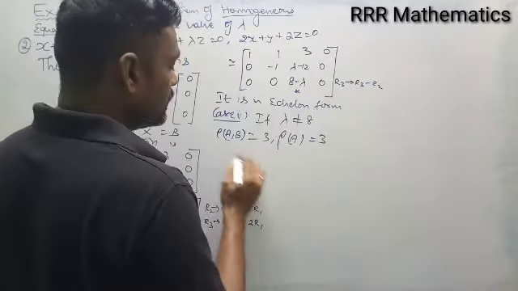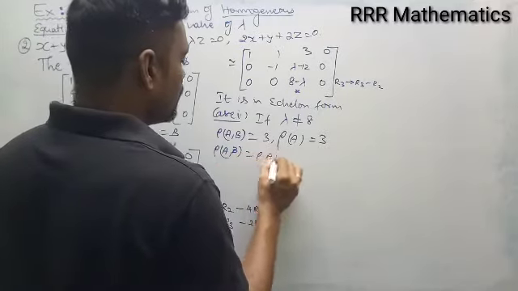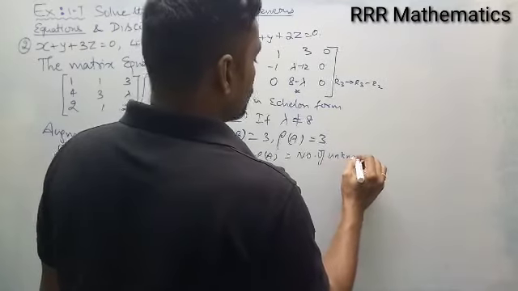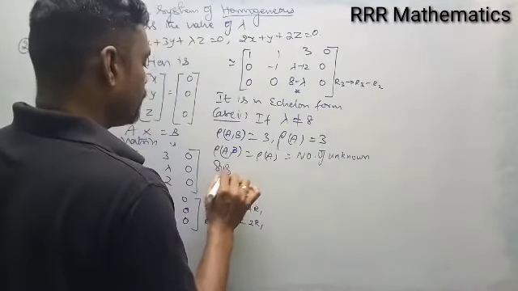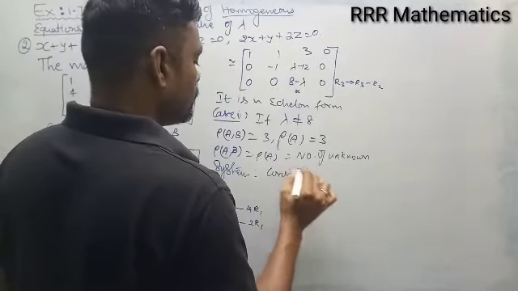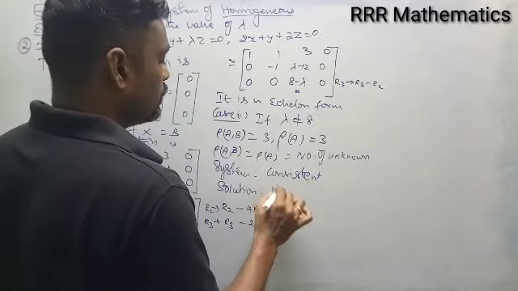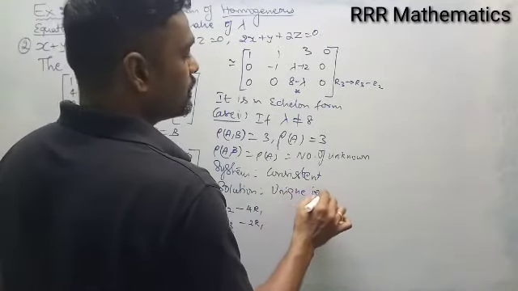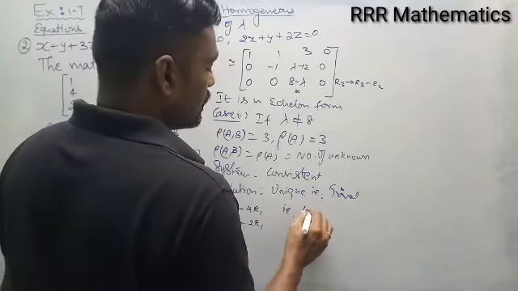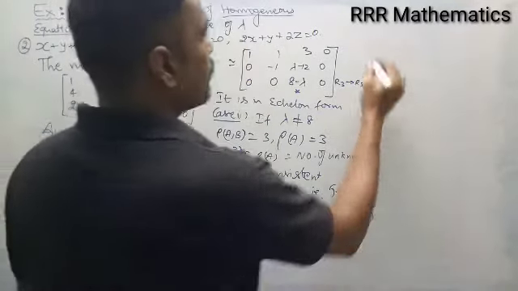So the rank of A comma B equals the rank of A, which equals the number of unknowns. Therefore the system is consistent, and the solution will be unique. Unique means trivial, that is, x, y, z equal to 0, 0, 0.